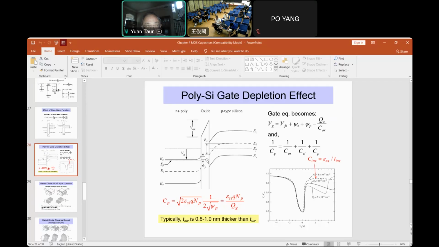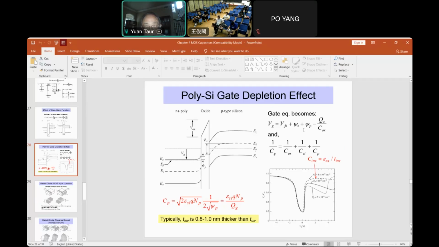So far we assumed that the gate is like a metal, so there's no band bending in the gate. But the polysilicon gate can only be doped to something like 10 to the 20. Even at that high doping, you still have some little depletion effect.